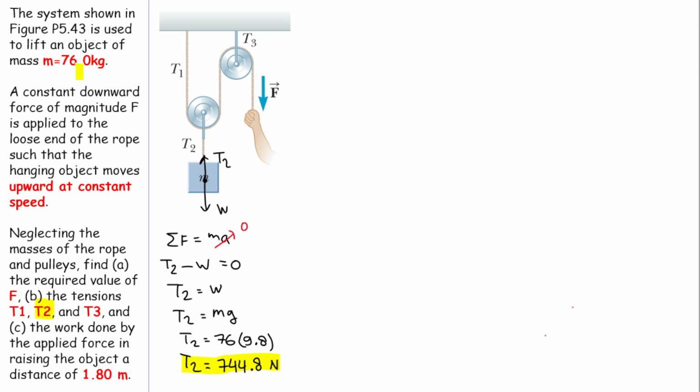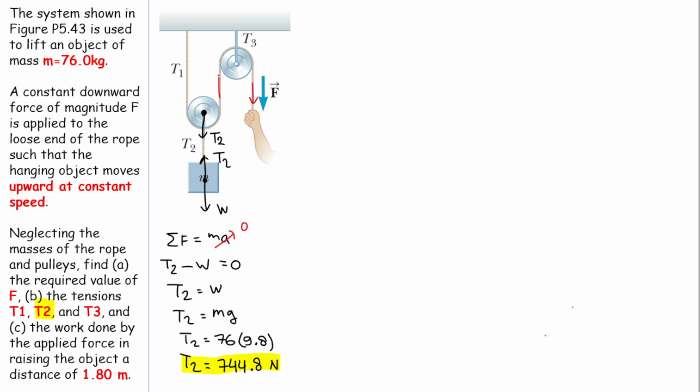T2. Okay, now let's move our reference point to this pulley. Here the direction of T2 will be pulling this down, so I have T2 here. And here we have the force F pushing this down. That F will be transferred into this rope, and the direction will be changed.